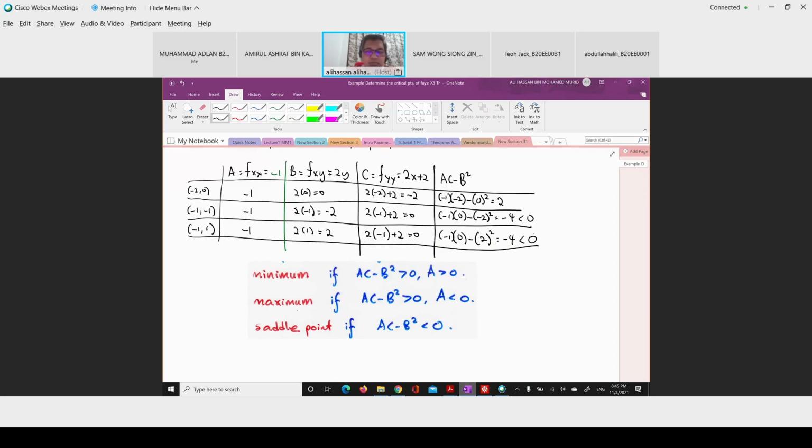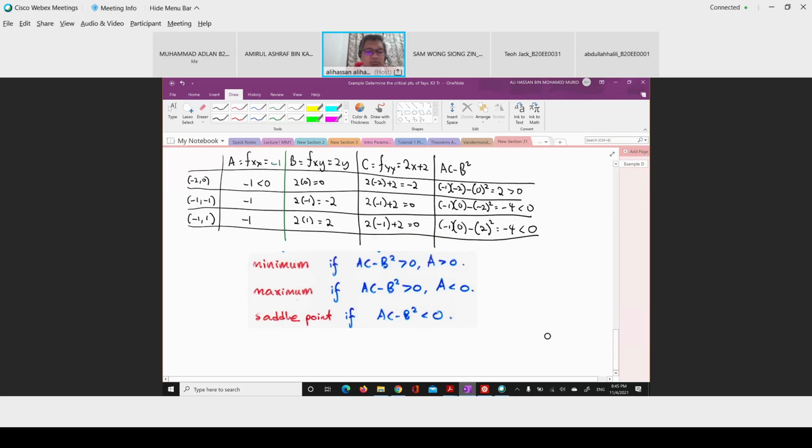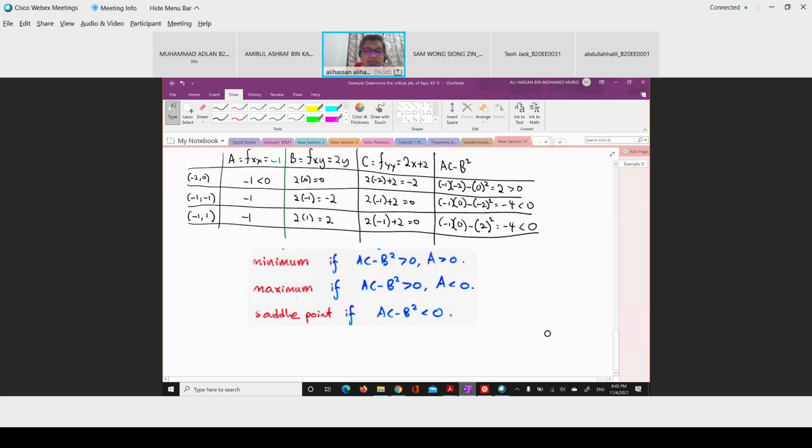What about the first one? Greater than 0, and A is negative, so it is a maximum point. So the first critical point gives rise to a maximum point.